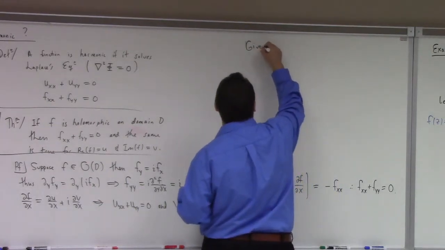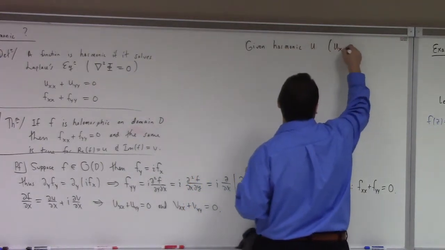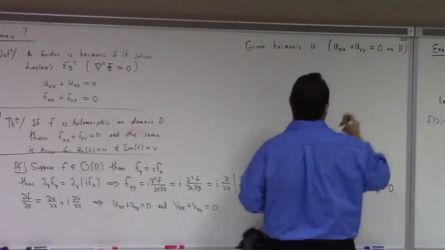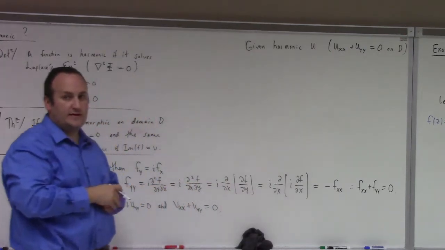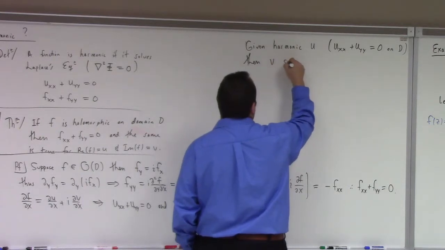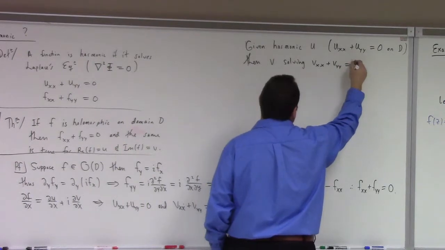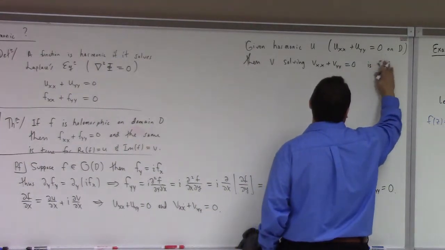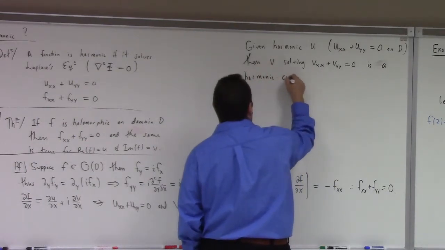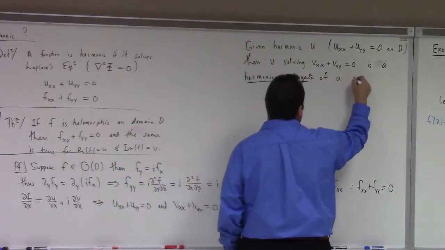Given harmonic u, in other words, uxx plus uyy equals what? On some domain D. So harmonic u on some domain D. Then v, solving vxx plus vyy equals 0, is a harmonic conjugate of u, provided what?